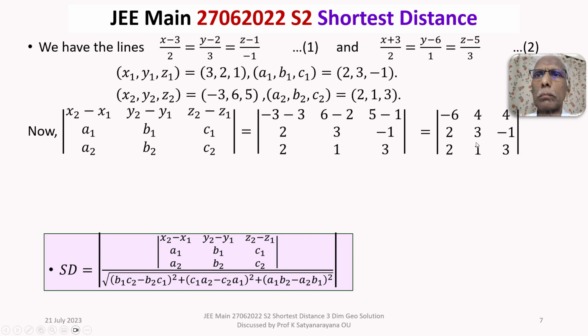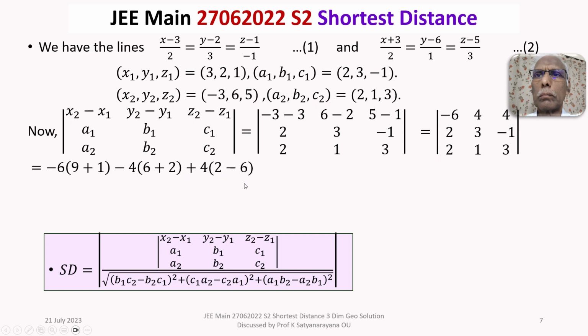Now expand this determinant by its first row. It will be minus 6 into (3 times 3 is 9, plus 1, 10), minus 4 into (2 times 3 is 6, plus 2), plus 4 multiplied by (2 times 1 is 2, minus 6).